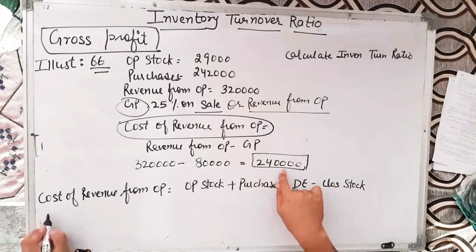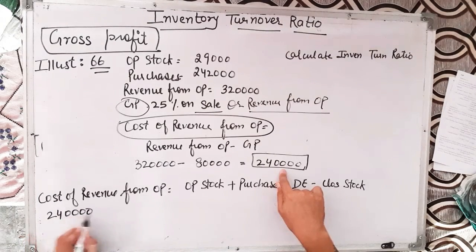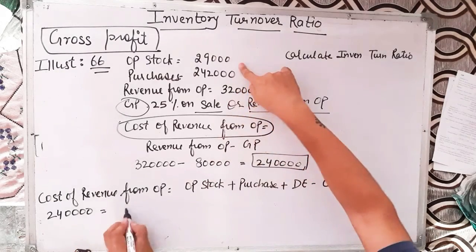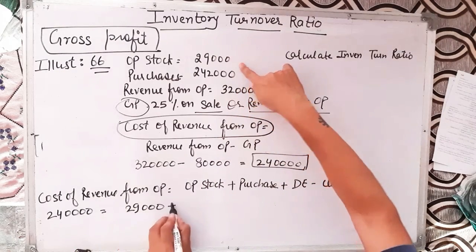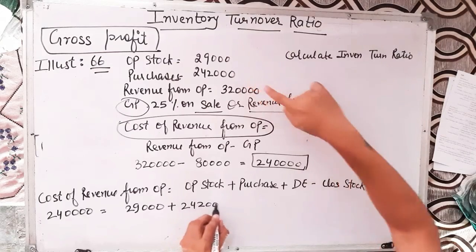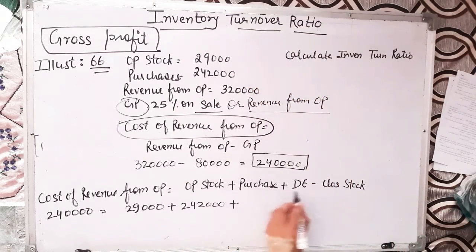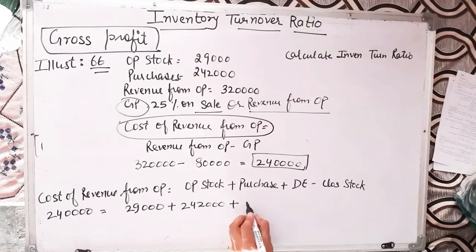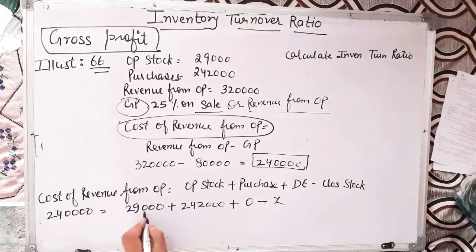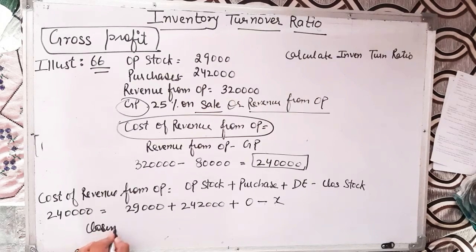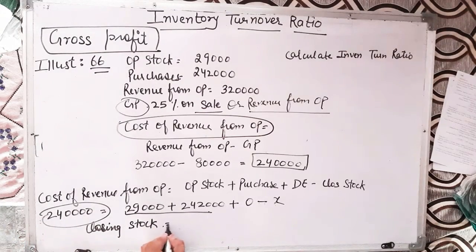Cost of revenue from operation is equal to 2,40,000 is equal to opening stock 29,000 plus purchase 2,42,000 plus direct expense is not given, so we will include 0, minus closing stock, which is X. Okay, so we have closing stock is equal to 31,000.